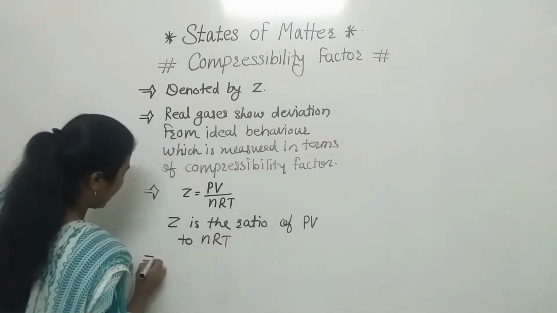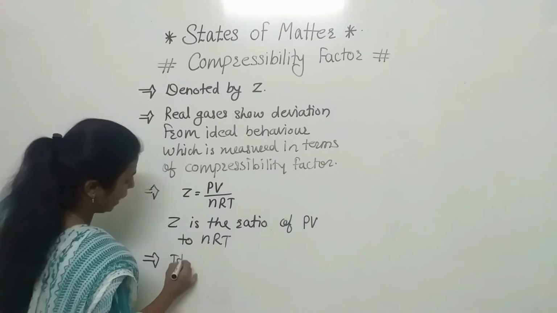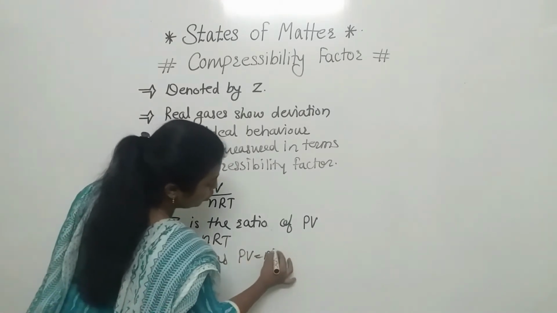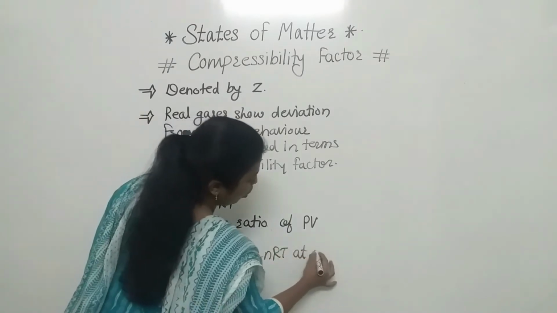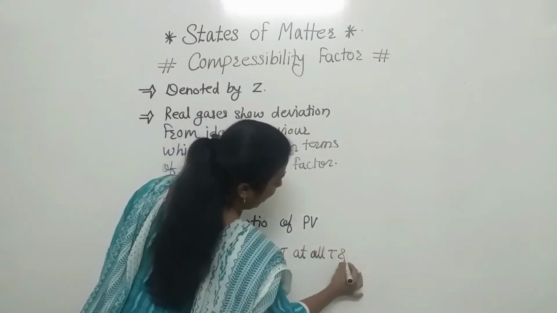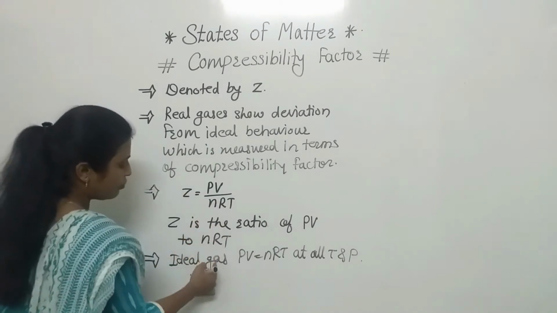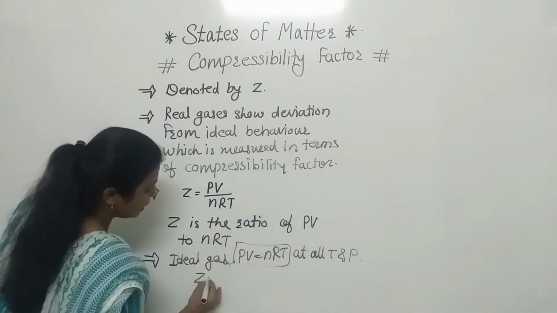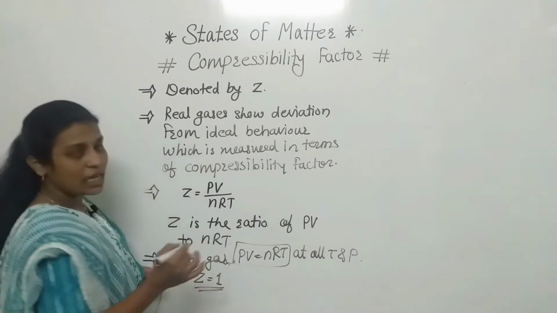As we know, for an ideal gas PV is equal to nRT at all temperature and pressure. So from that equation we can say that Z is equal to 1 for the ideal gas.